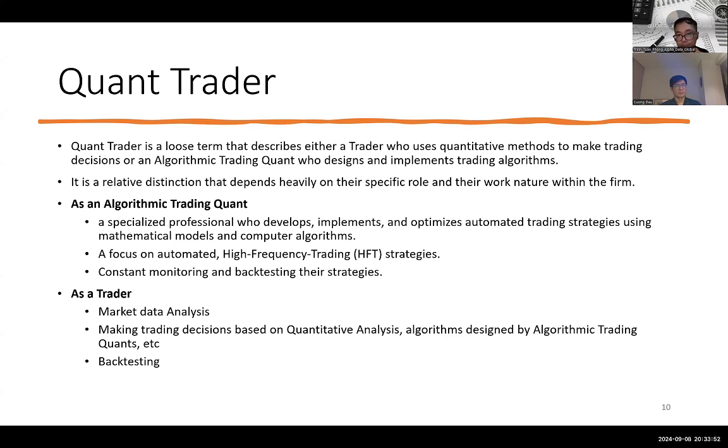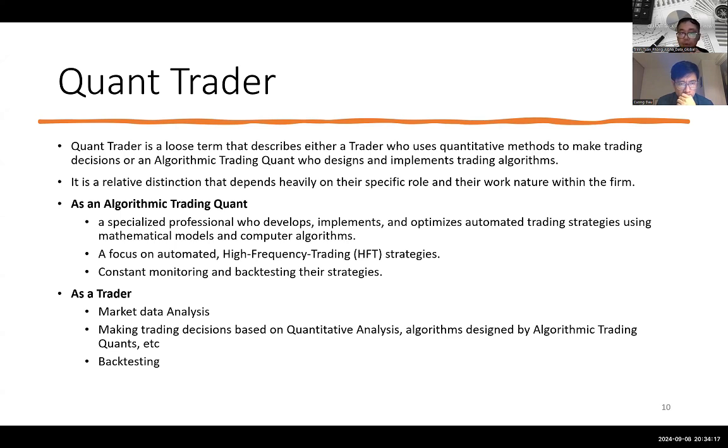I really want to emphasize the word high-frequency trading, HFT here, because normally decisions that you make after 5 or 7 business days are not really the work that an algorithmic trading quant does, right?